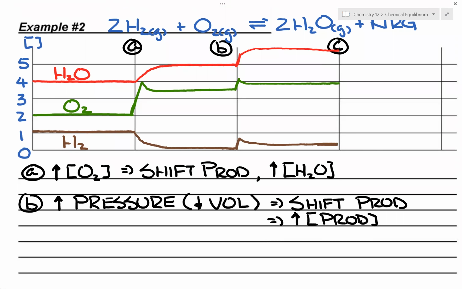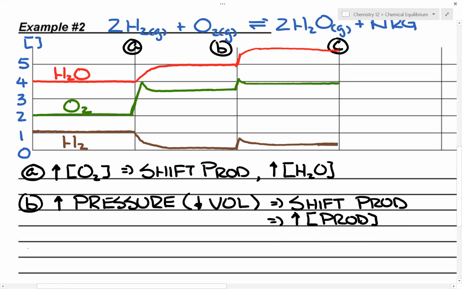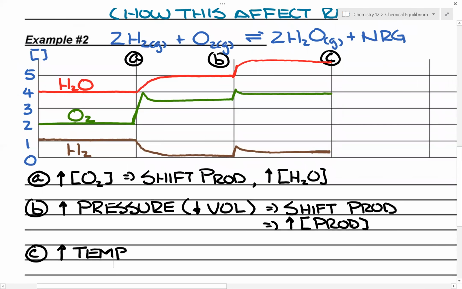Now, the last one, let's say C, is let's do a temperature change. Let's say if we increase the temperature. Now, if you increase the temperature, remember the temperature favors the endothermic reaction. So in this case, the endothermic reaction is going from products to reactants.